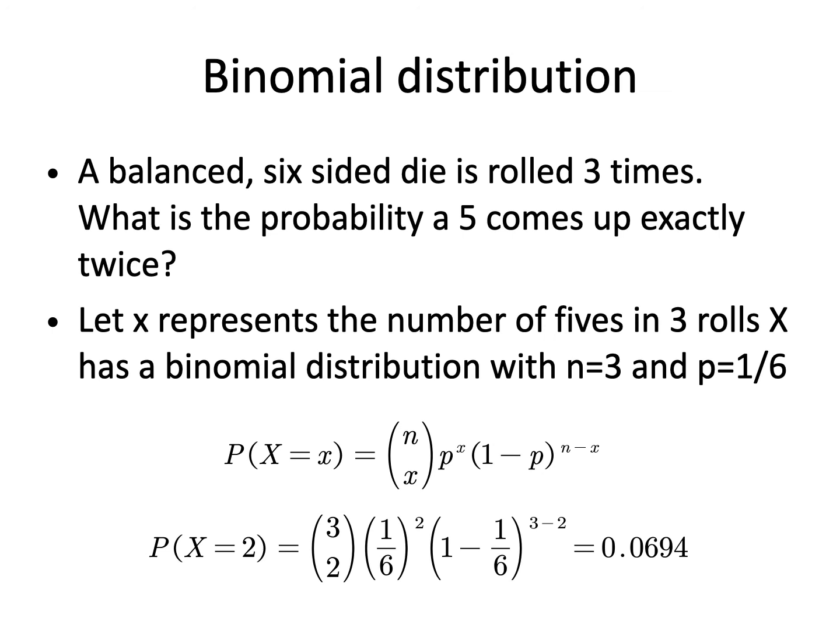After the calculation we get 0.0694. That is the probability of getting exactly 2 fives if we roll a fair die 3 times. So this is a simple example of the binomial distribution.